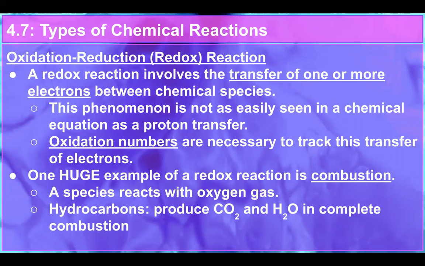So anytime a species reacts with oxygen gas at high temperatures, that is going to be combustion, and hydrocarbons like methane, like ethane, like ethanol, okay, those are all ones that easily combust with oxygen. They're highly flammable. And in that process, they will produce carbon dioxide and water if it is complete combustion.